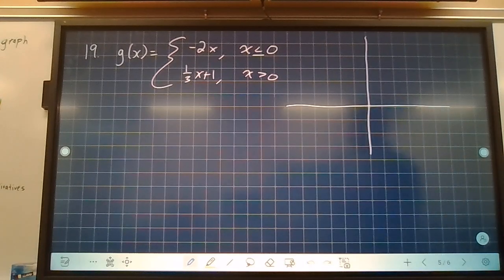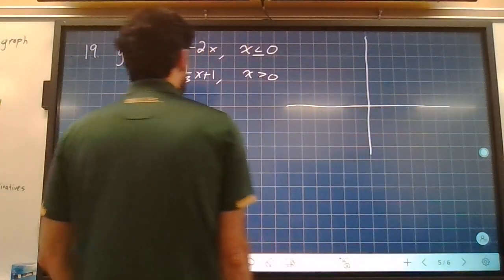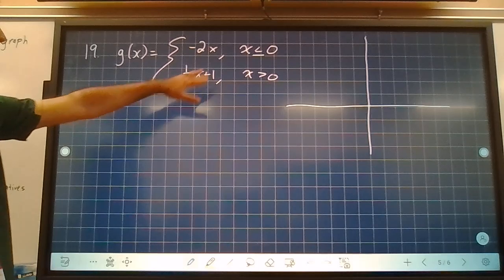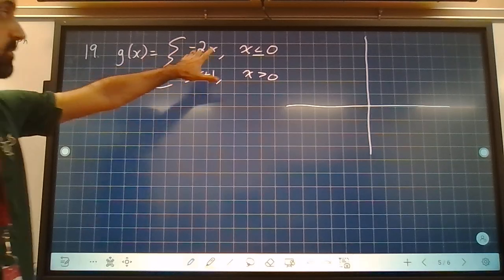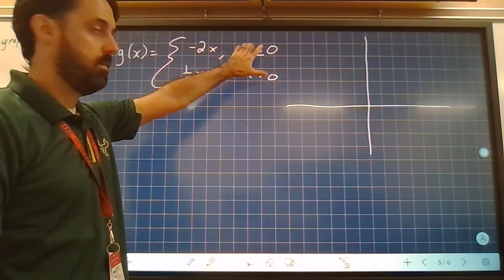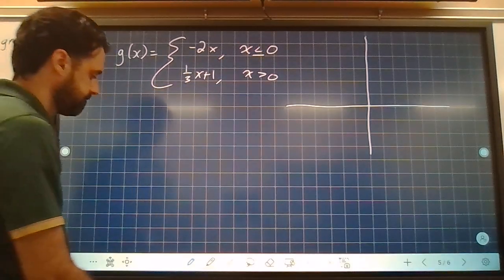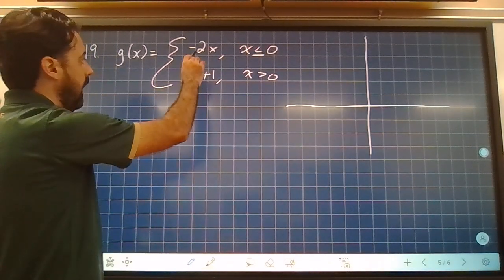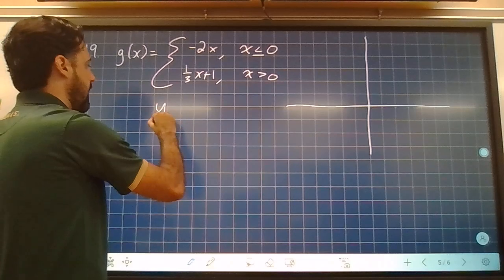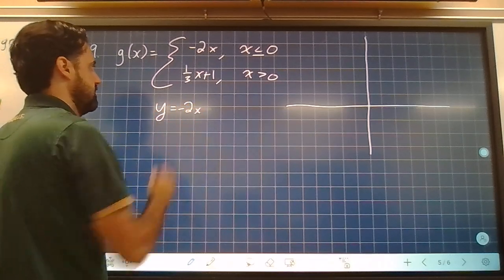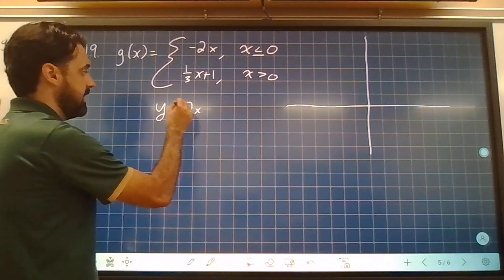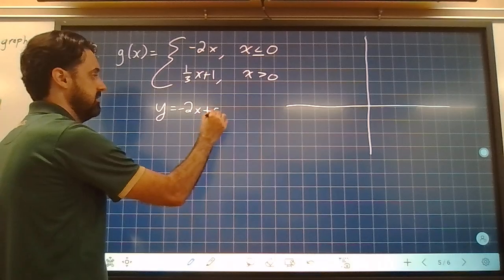All right, then the last question on the review, we're asked to sketch a graph of this right here. Now, I split this one up at 0, but remember from class, it doesn't have to be 0 that it's split up. So, we're going to start by graphing y equals -2x. Now, this is mx plus b form. Our b is just 0.